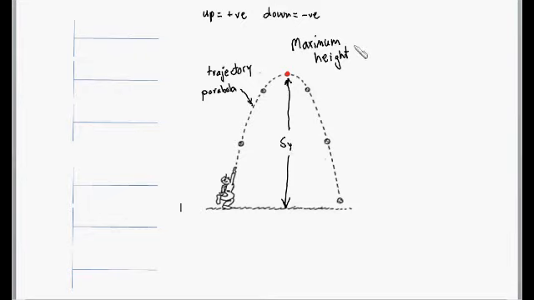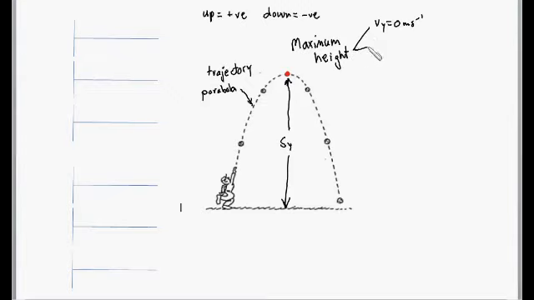There are a couple of points you need to remind yourself about at the maximum height, and this is very important in a lot of problems. At the maximum height the vertical velocity is equal to 0 meters per second. This means the projectile has gone up and instantaneously stopped before it returns back down.